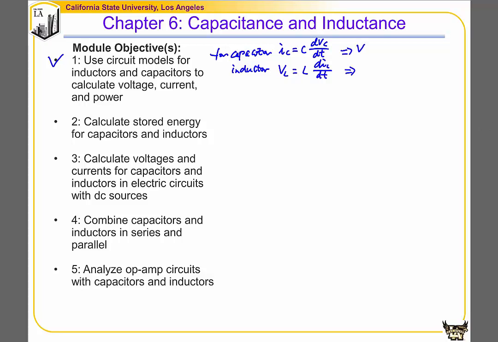For example, you can calculate the voltage by doing the integration, and then further calculate the power, and then calculate the energy stored. And similarly, from here you can do the integration to calculate the current going through the inductor if the waveform of VL is given. And further you can calculate power and also the energy stored in the device.